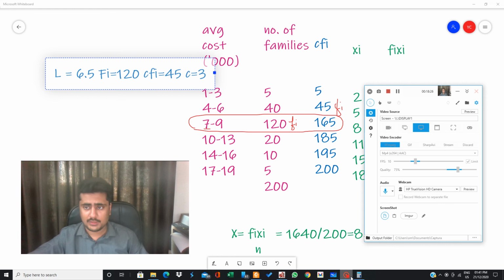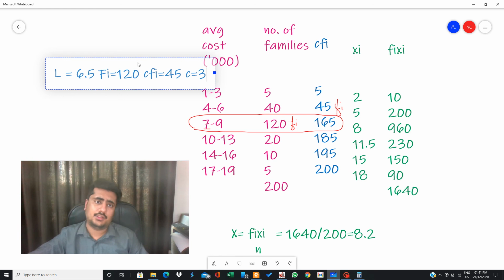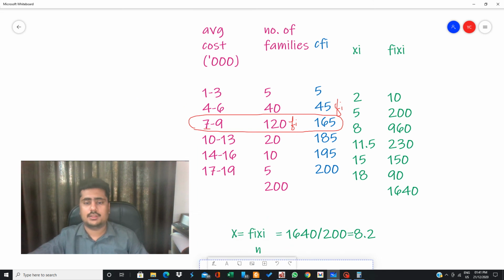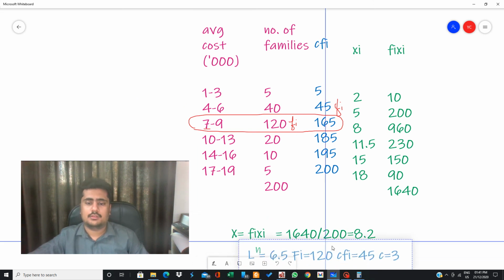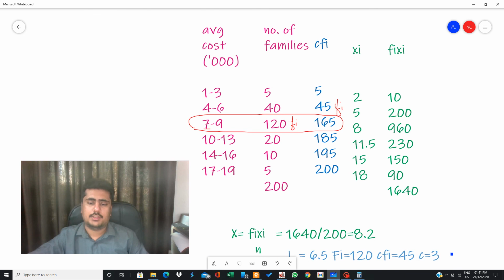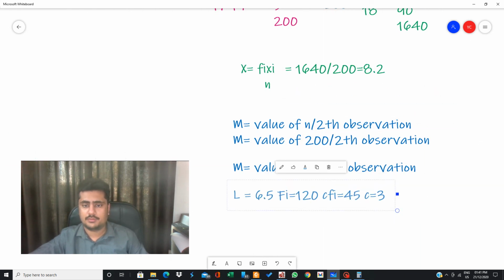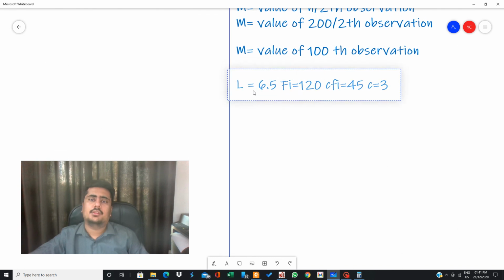So my class length here is 3. So these are the things you require to solve the median. So now my class selected is 7 to 9.